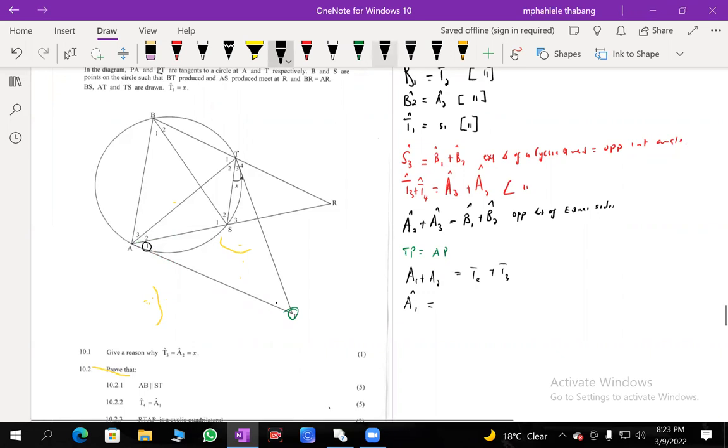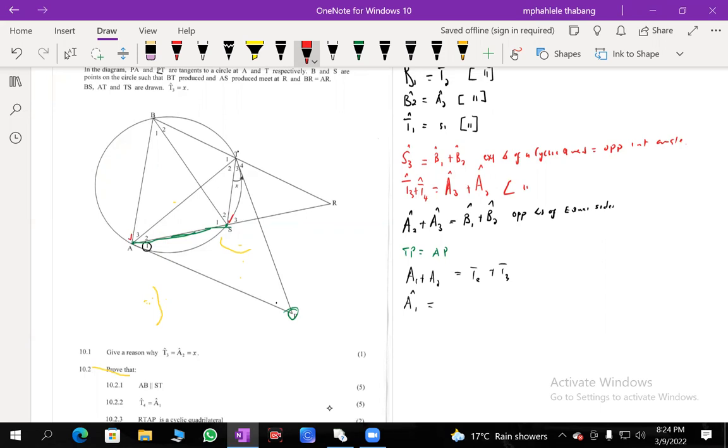To know your chord, which chord are you talking about? You are talking about chord AS. Angle A1 is between the tangent and the chord AS. What you have to do is subtend this chord. You have to subtend AS.